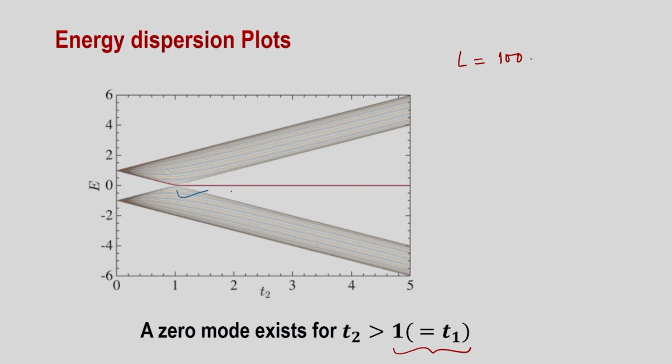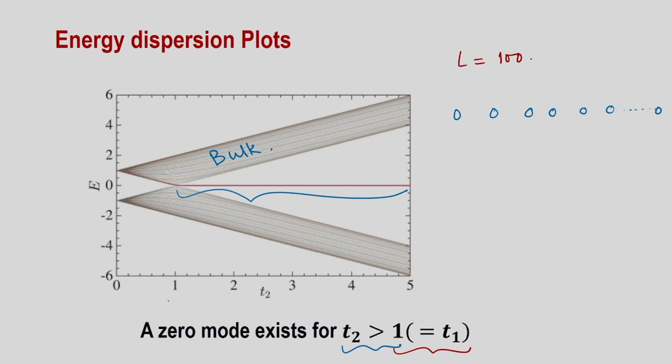There is a 0 mode that is visible here. So, beyond 1, that is T2 greater than 1, you see there is a 0 mode, and there is no 0 mode prior to that, and this is the bulk of the system. Bulk means all the states that are in between. Say this is equal to 100.